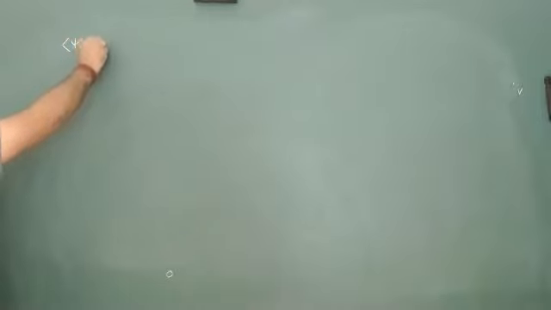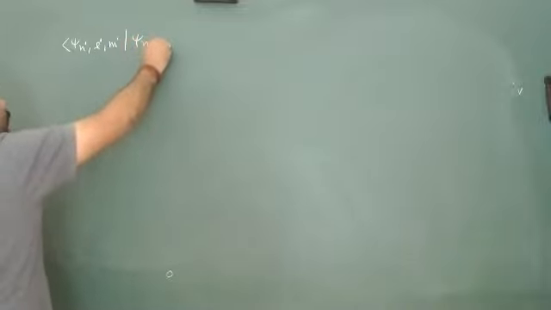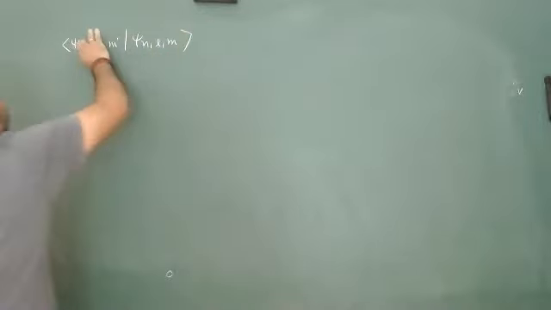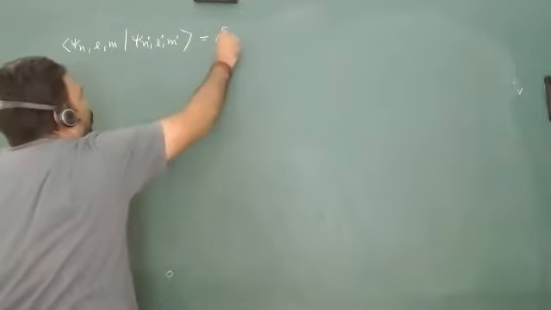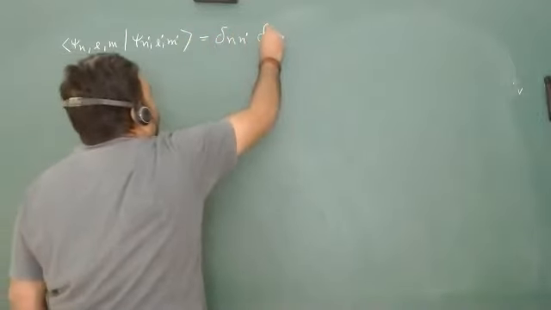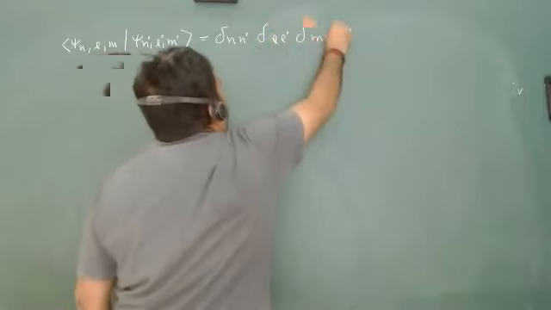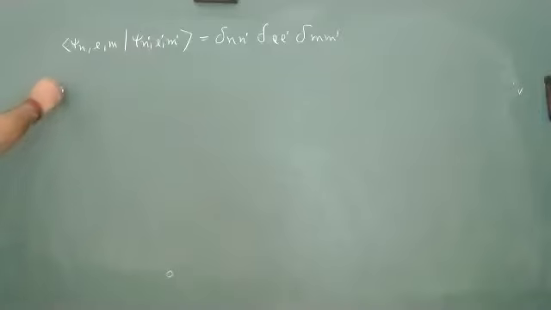Psi n dash l dash m dash, psi n l m is equal to delta n dash n, delta l dash l, delta m dash m. So if any one is different from the other, it will always be zero. So let's go for this problem.